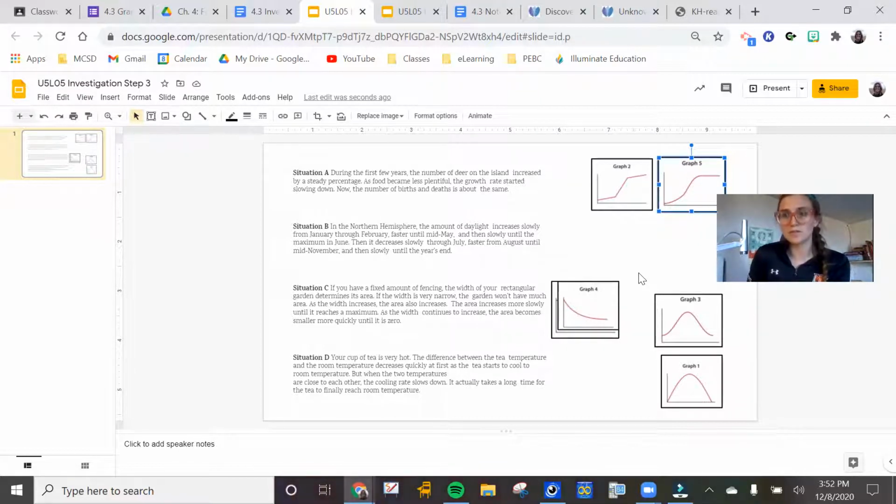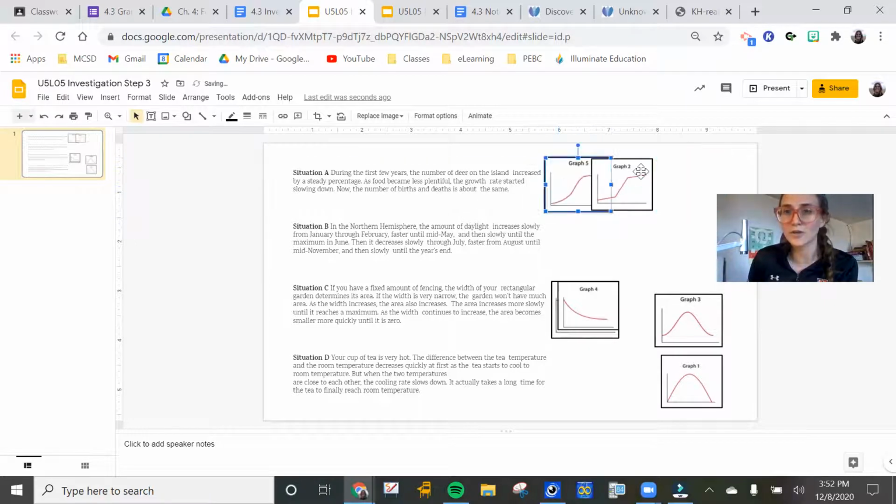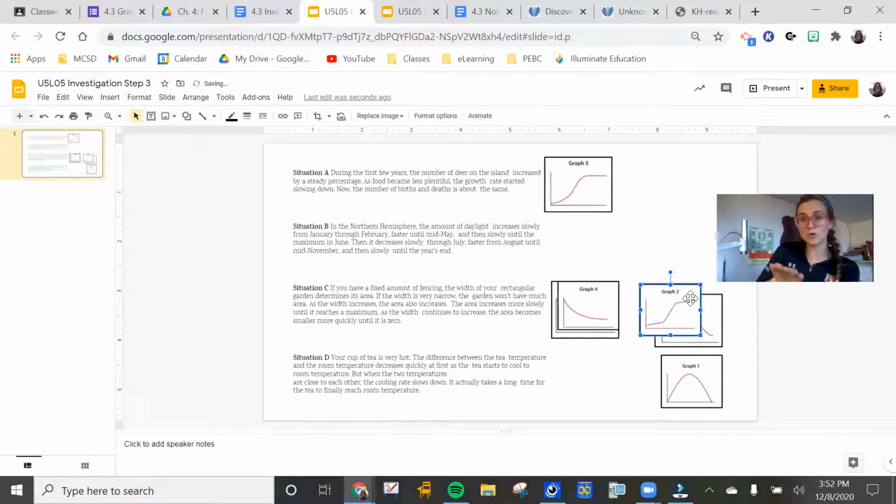Deer live to be a certain age and the amount of food is affecting it, and there's reason behind it. It's not totally random, but it is a little bit chaotic. It's not something that we can easily predict, and it's not something that happens constantly. Therefore, it's going to be graph 5, this nonlinear graph which increases and then starts puttering off and flattens out at the top, right?